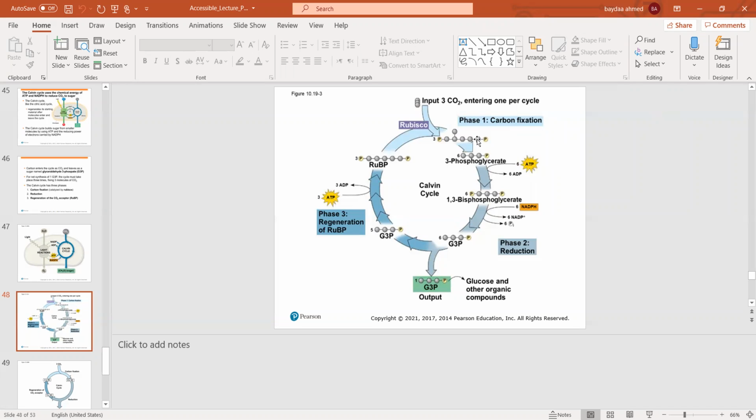It then becomes 3-phosphoglycerate. 6 ATP enter and 6 ADP exit. 1,3-bisphosphoglycerate is formed. 6 NADPH enter and 6 NADP exit, plus another 6 phosphate groups or ions exit.